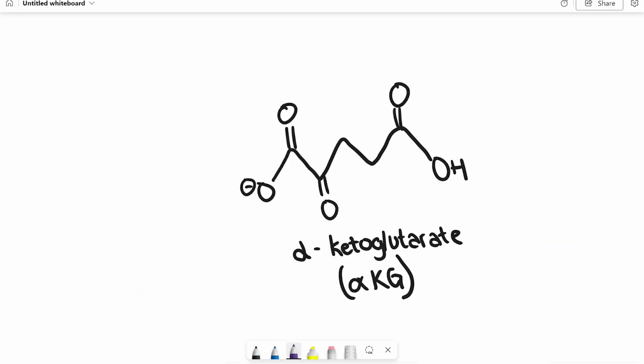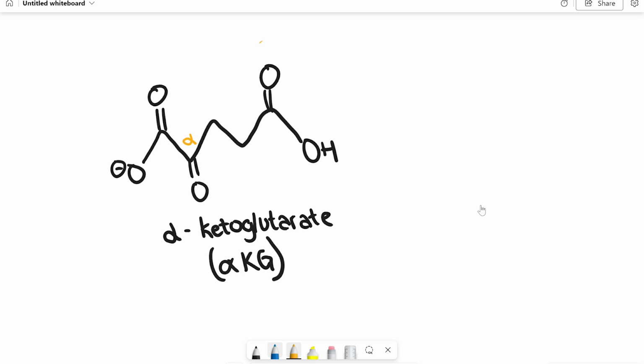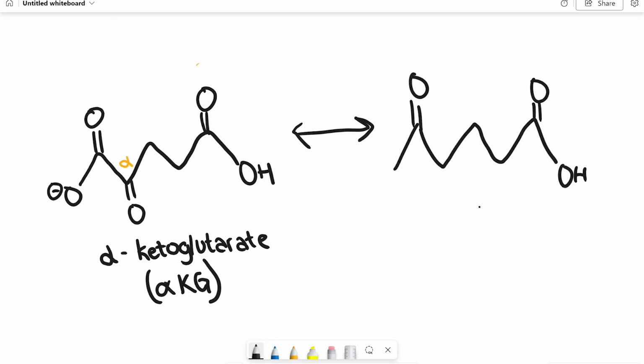Now, on alpha ketoglutarate, we can still identify that alpha carbon right here. That's where you've got a ketone attached, so it's still an alpha keto acid. But this one is not going to make alanine if we switch that ketone and make it a nitrogen group. Now, once again, we have made an amino acid where we have the R group.